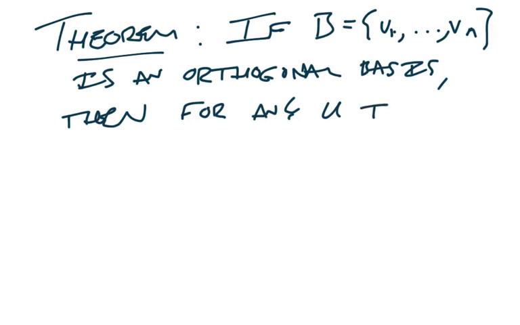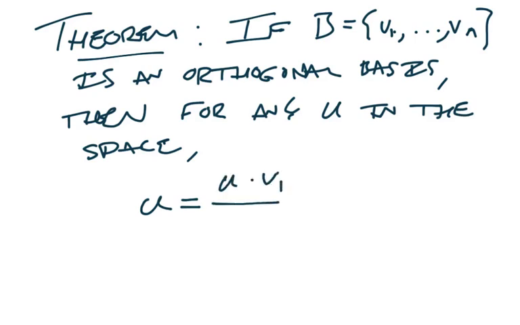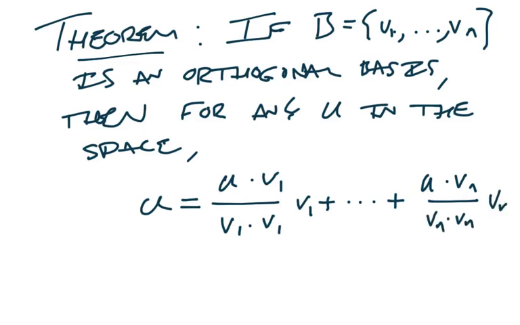So for any u in the space, u is equal to the following. You're going to have u dotted with V1 over V1 dot V1 in the direction of V1 plus, and the same formula is going to be true for all of them, u dot Vn over Vn dot Vn in the direction of Vn. In other words, u is equal to a sum of projections.